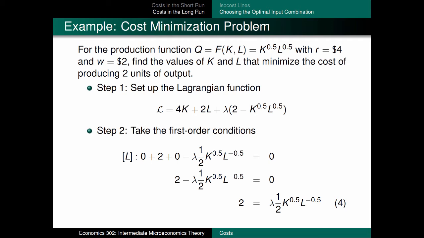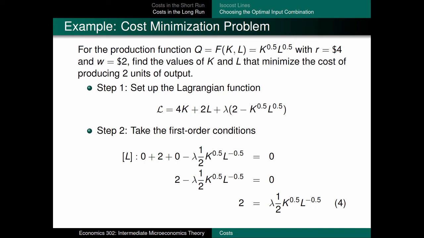Next, we'll take the first order conditions and set the derivatives equal to 0. First, let's take the derivative of the Lagrangian function with respect to L. Notice that the derivative of 4 times K with respect to L is 0. The derivative of 2 times L with respect to L is 2. The derivative of 2 times lambda with respect to L is 0.